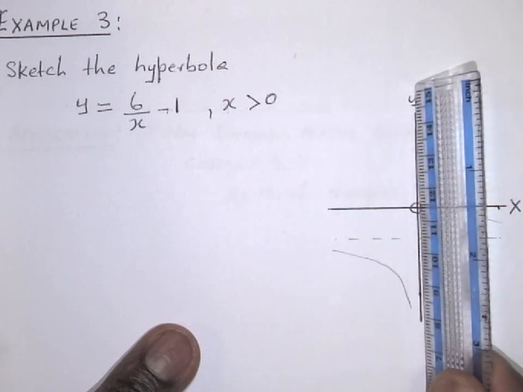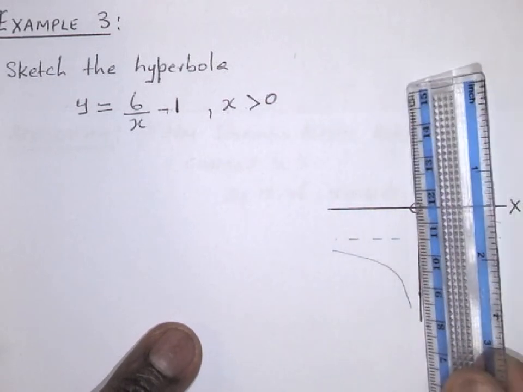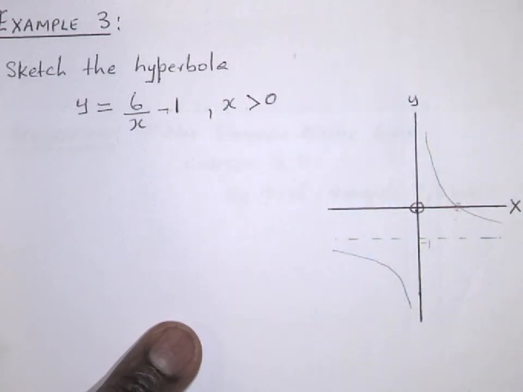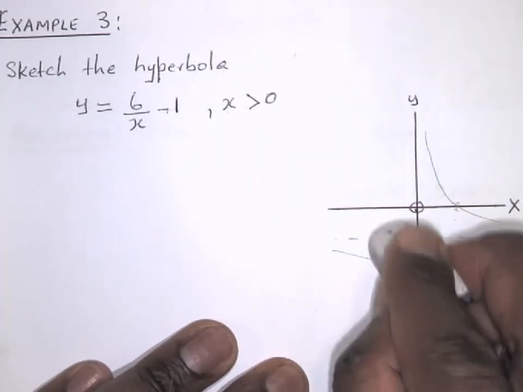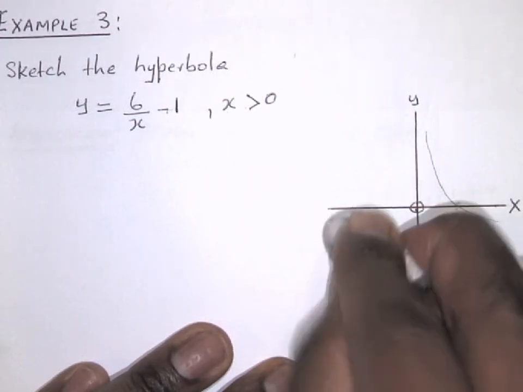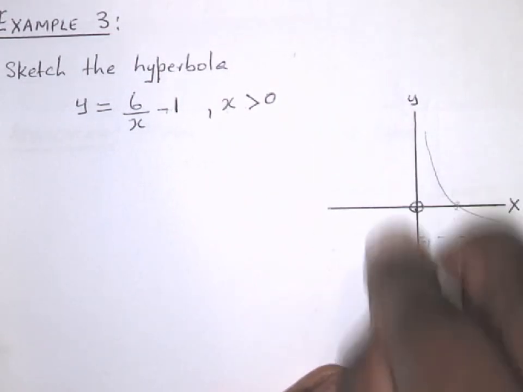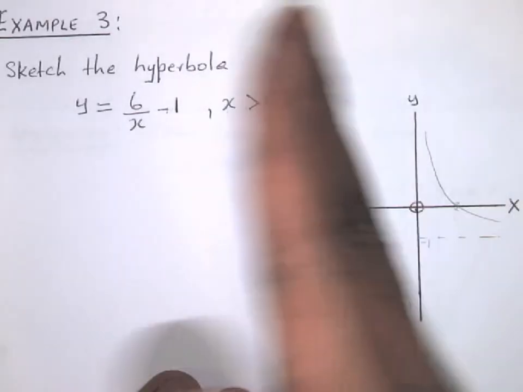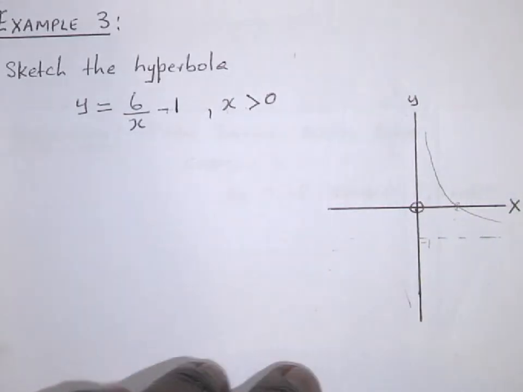The part where x is bigger than 0 is the part on the right of 0. So they don't need the part which is on the left. That's why I use pencil, so that I can erase the part that they don't need. Otherwise, they may penalize me in the exam because they don't need this part which is less than 0. They only need the part which is on the right. So the only part they need is that one which is dotted like that.